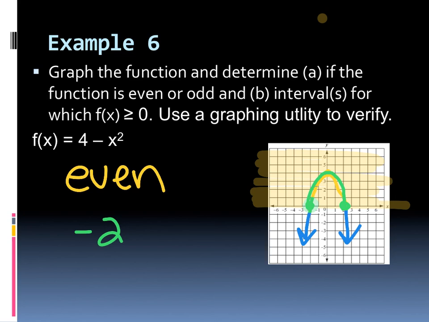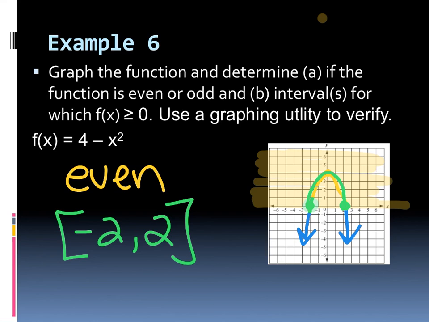Where's the last point it hits? +2. It's an or equal to, which means what goes on those numbers? Brackets. So the interval for which f of x is greater than or equal to 0 is the same thing as saying, where does this graph hit the x-axis or go above the x-axis? And you're giving it in interval notation in the x values, okay? So I start at -2, and then I go to +2.